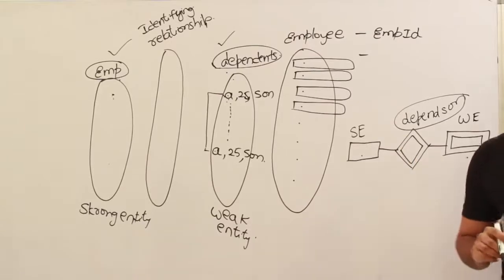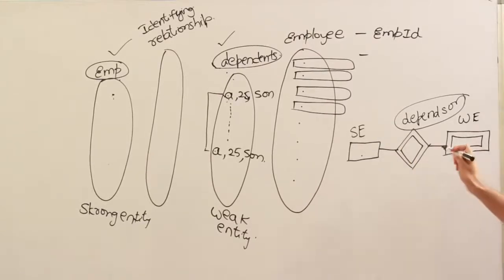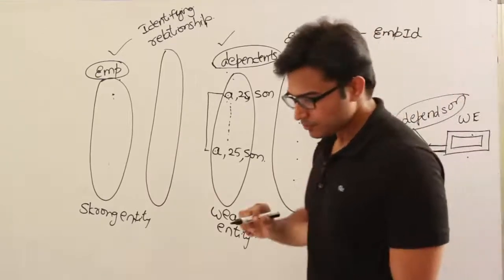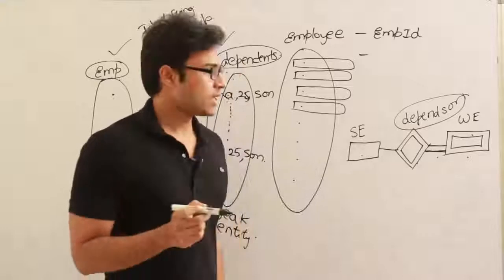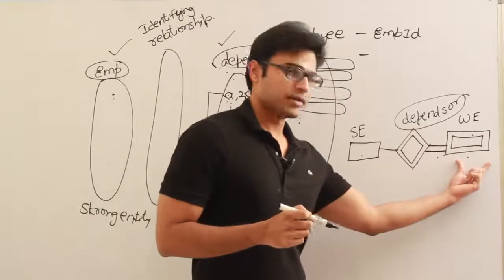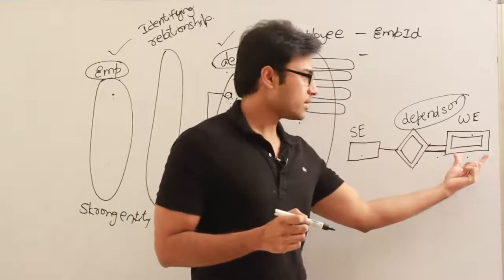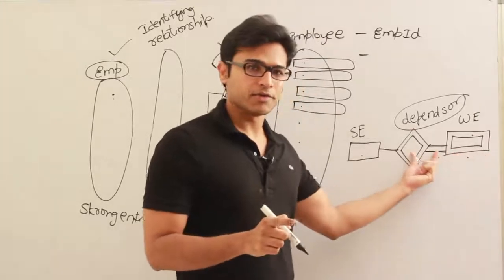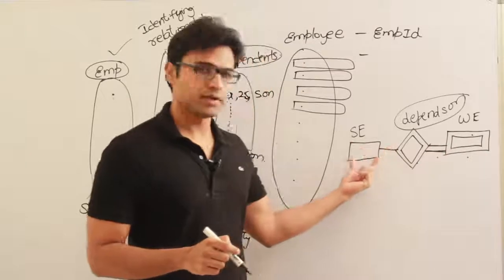What about the participation? It should always hold true that the participation of the weak entity in the identifying relationship has to be total. Very important point. Whoever is a dependent should always be participating in a relationship, which means he should always depend on someone here, right?